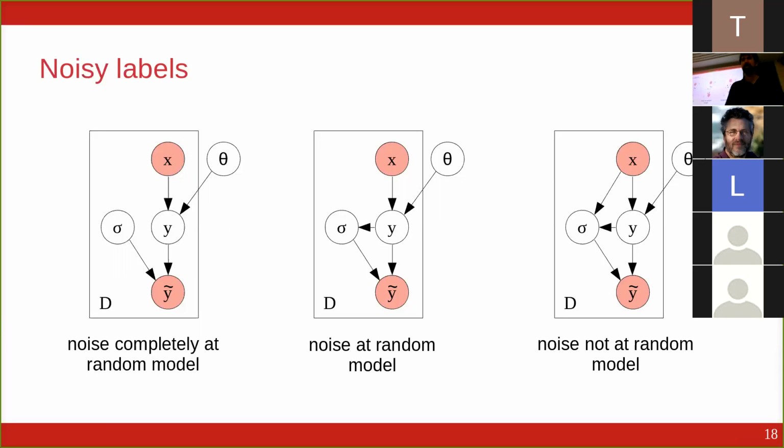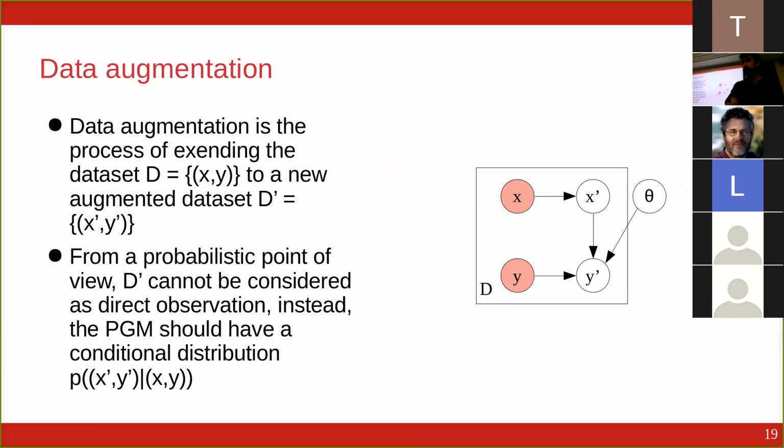Another case is where you got only a small data set, or there is a behavior of your model that you want to enforce, like rotation invariance in image processing. Usually the way to do that is via data augmentation. Okay, so how do you account for data augmentation in a Bayesian neural network?